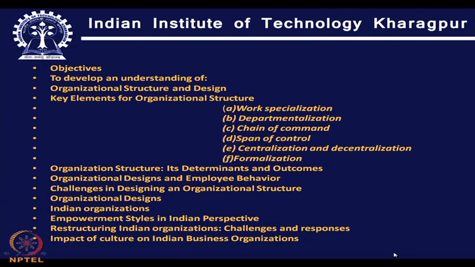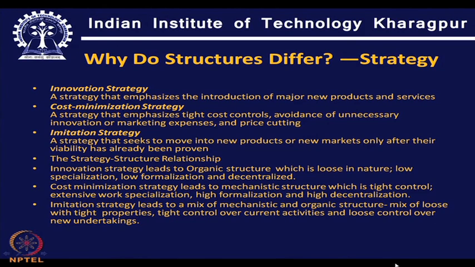The different strategies in the organization are, we can just see the things. We have the innovation strategy, which takes care of the innovations made in the organization, and which focuses on the introduction of major new products and services in the organization.